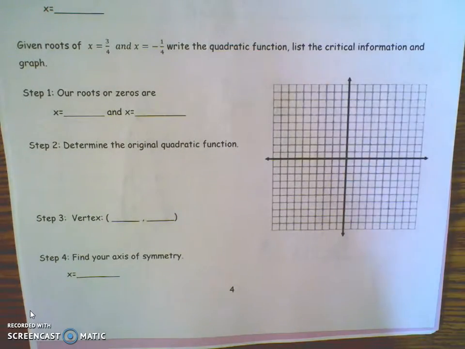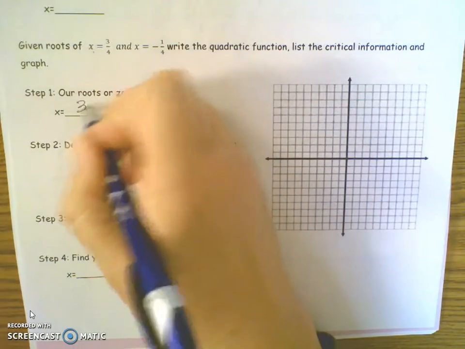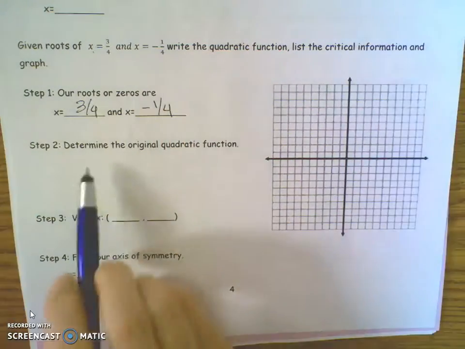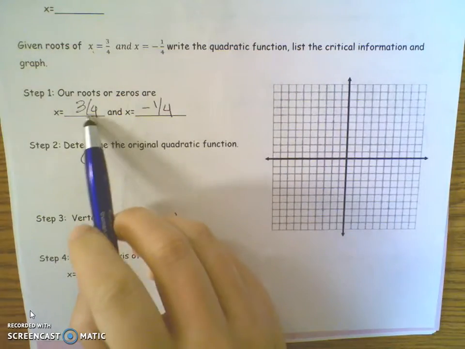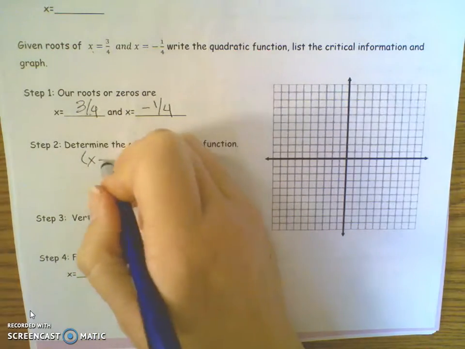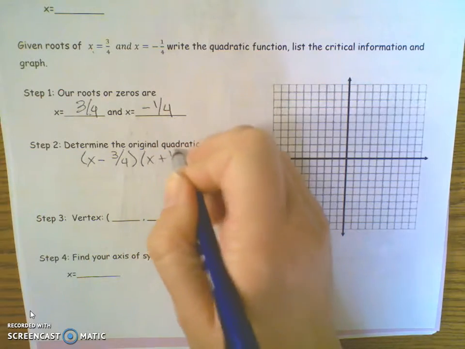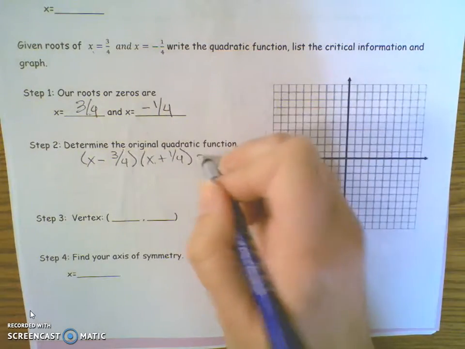Okay, so our roots or zeros, they already give them to us. It's 3/4 and -1/4. Our original quadratic function, we're just going to multiply these together. So if I want 3/4 to be a 0, then x minus 3/4, and x plus 1/4, because if I put -1/4 in here, it would be a 0.